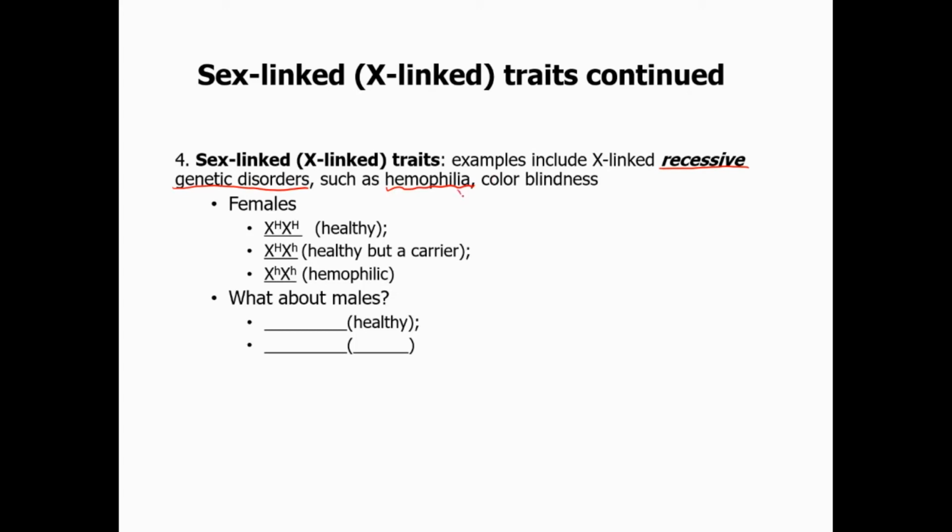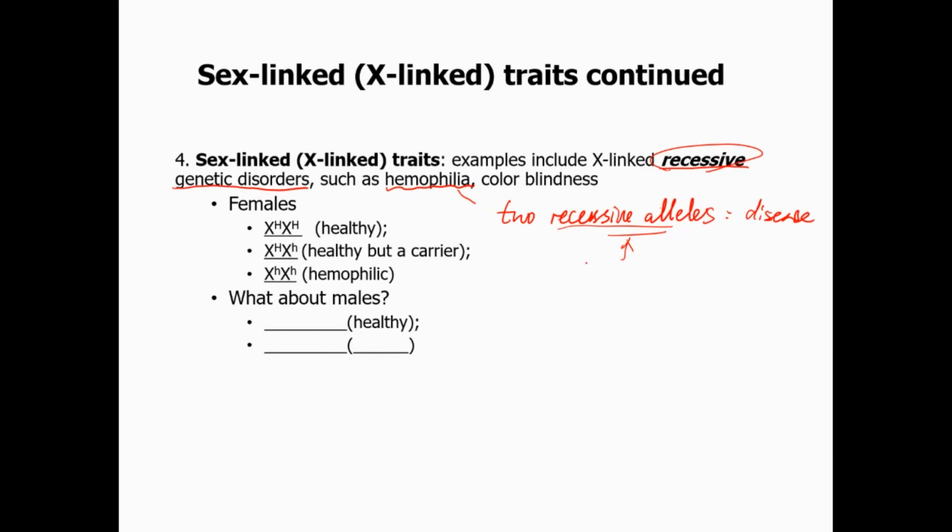So hemophilia is a recessive genetic disorder. That means if you have two recessive alleles, so basically you have the recessive genotype, then you are going to have the disease. Okay, so how can you get two recessive alleles? You get one from your father and one from your mother. Okay, so in this case, both parents are responsible for the child's disease.